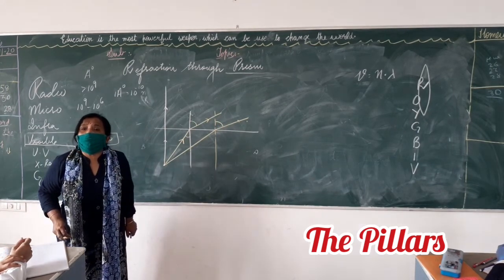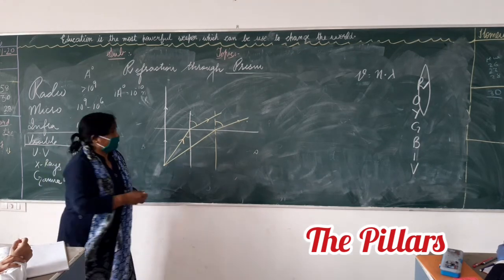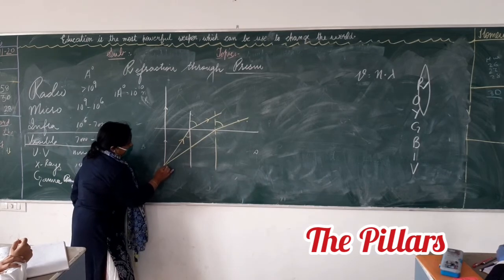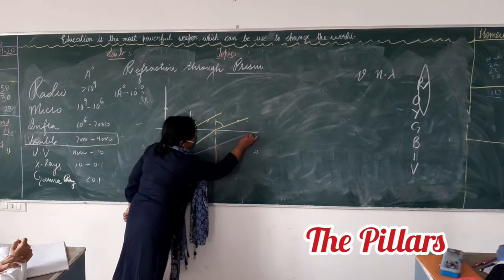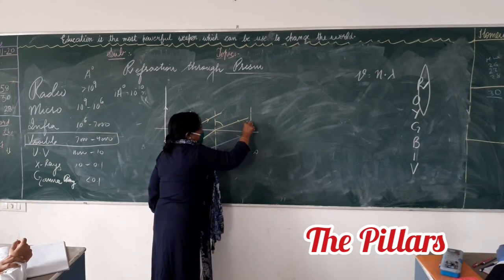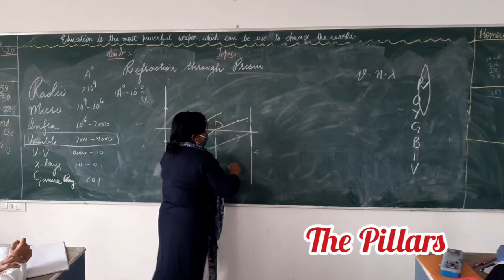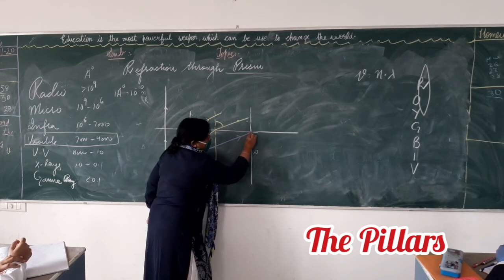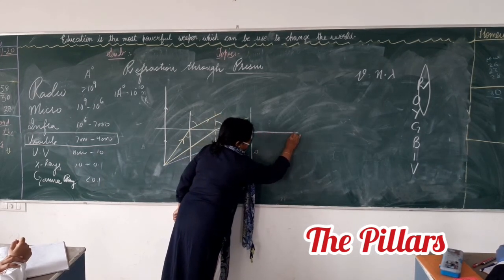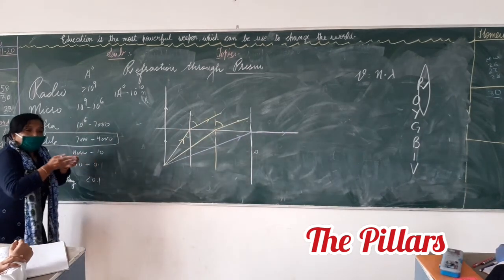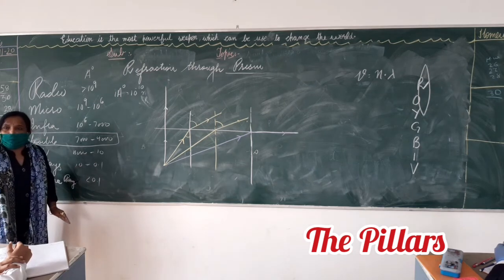For a particular value of angle of incidence, the refracted ray grazes along the surface. Yes, ma'am. Grazes along the surface.